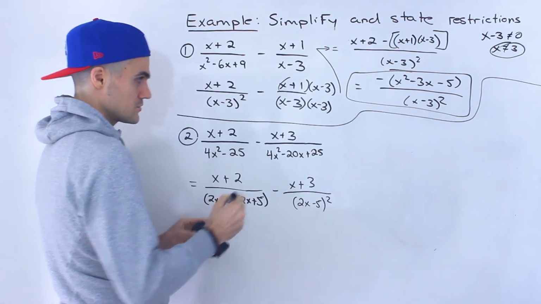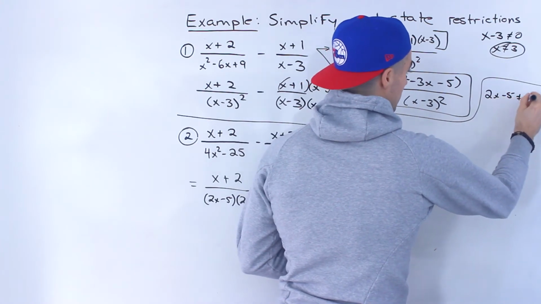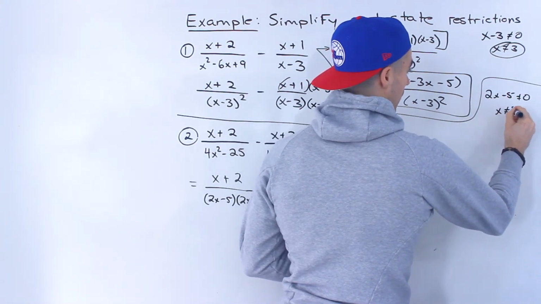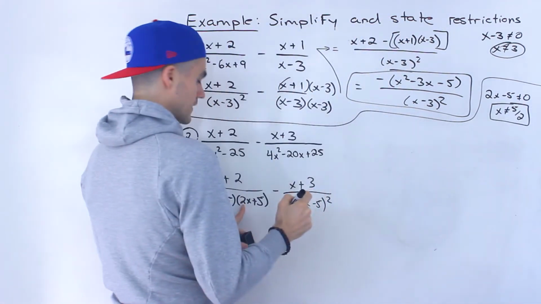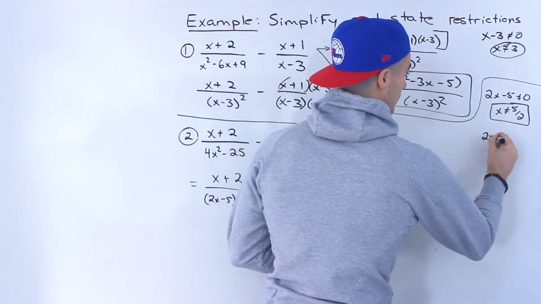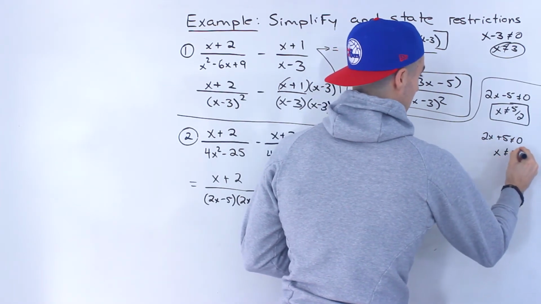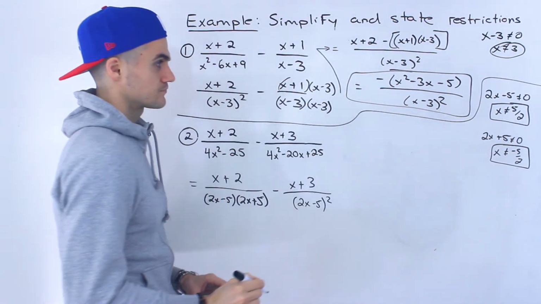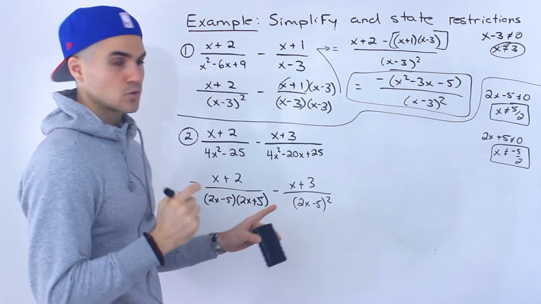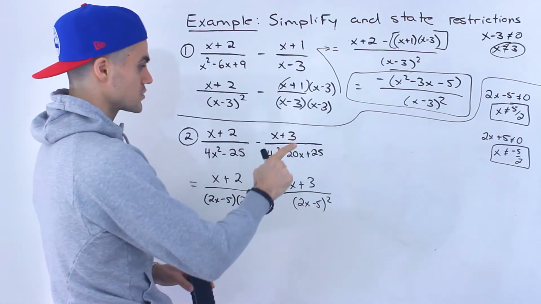So basically, notice 2x minus 5 cannot equal 0, which means x cannot equal positive 5 over 2. And then 2x plus 5 cannot equal 0, which means x cannot equal negative 5 over 2. Right, so x cannot equal plus or minus 5 over 2. That's another way to write it. So now we have the restrictions.